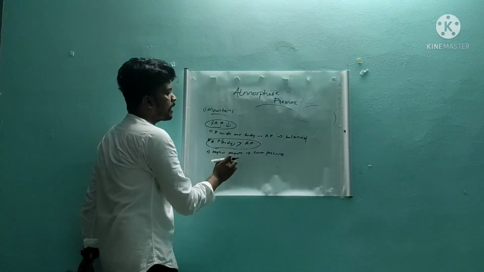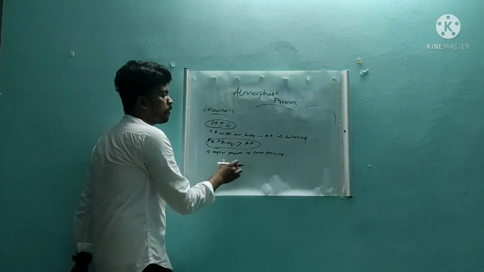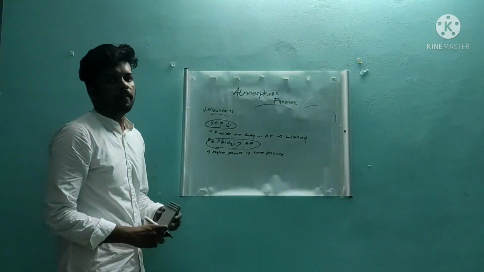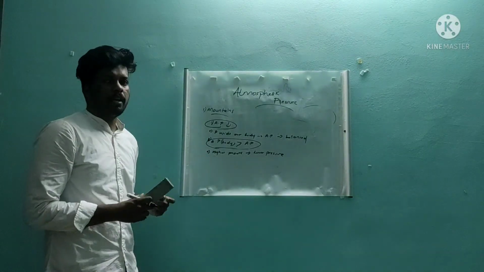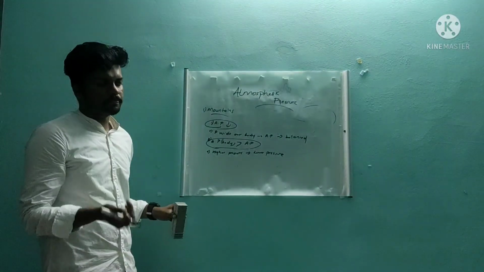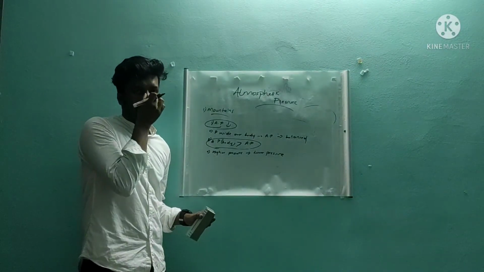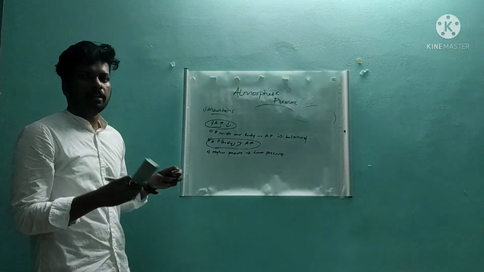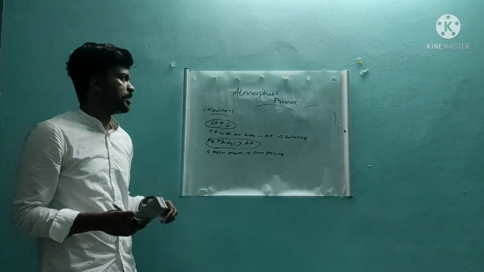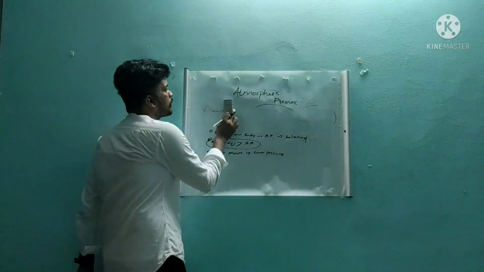Pressure moves from higher pressure to lower pressure. This is the reason why blood comes from our nose and ears, because the veins inside the nose and ears are very sensitive. So they break first, and blood comes first from the nose and ears. This is the reason. Second, I will say another.